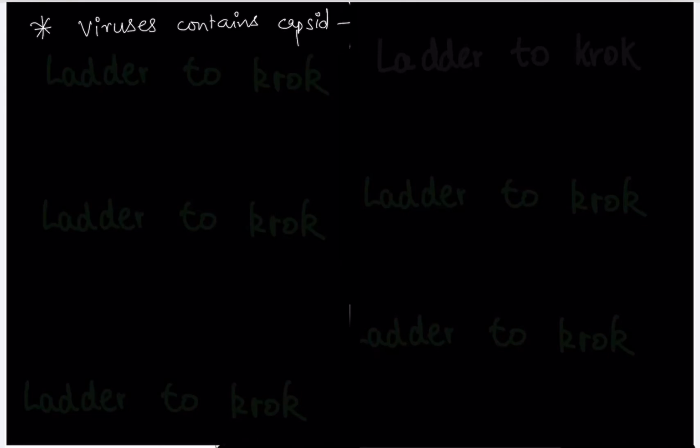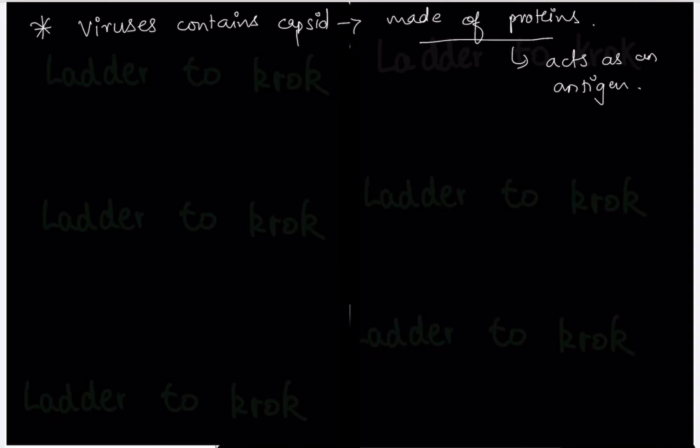Now this capsid is made of proteins, and these proteins act as an antigen in our body. Our body recognizes all the proteins in us. So if a virus is coming, that means it has this capsid, and on the capsid are present the proteins. Those proteins are different from ours, so our immune system is able to recognize these viruses as an antigen.